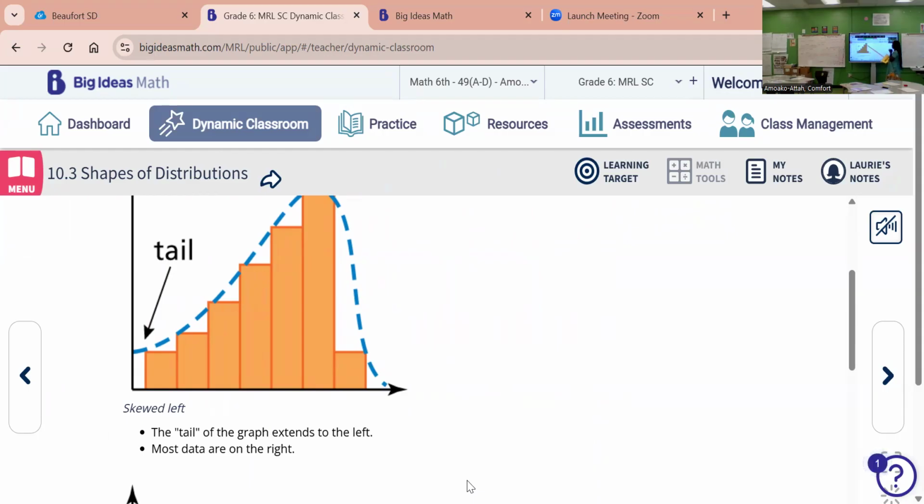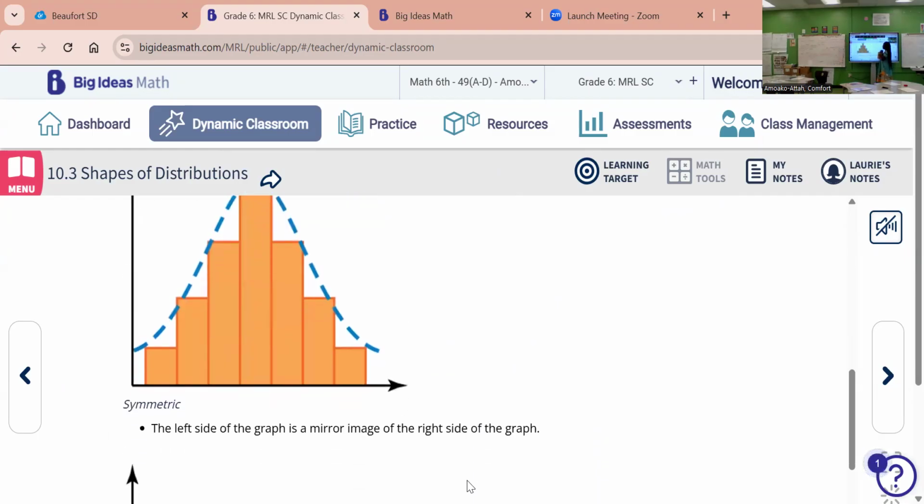You can see that over here, you have the tail of the data extending to the left. That is skewed left. So usually we use the tail to describe it. You look at where you have less data, then you say, this is the tail of the data, it's extending to the left. So that becomes my skewed left.